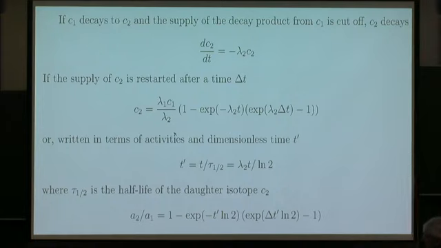The rather strange thing about the whole of this business is that the recovery time for a particular isotope is governed by its half-life and not the half-life of the thing which is supplying it. And this seems really quite strange and just shows how little intuition one's got even about the simple solutions of a linear, ordinary, first-order differential equation. It's quite easy to prove, but it is, I think, surprising.